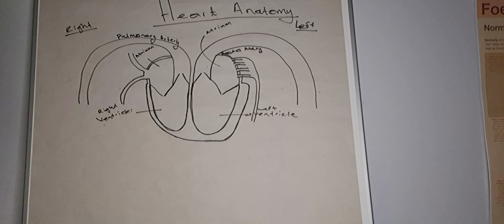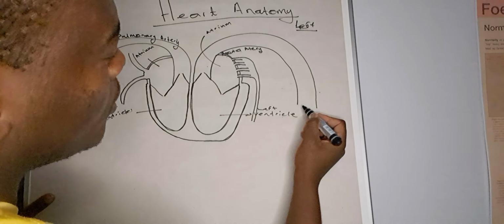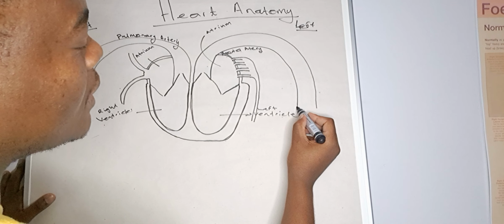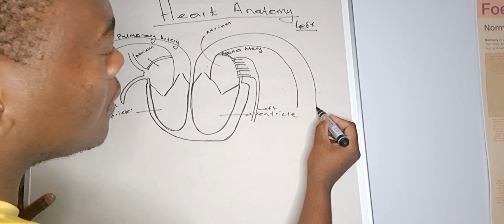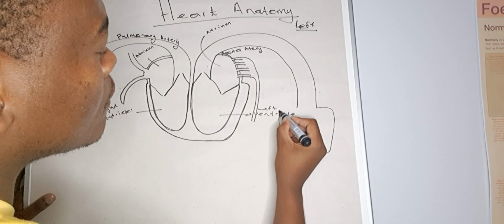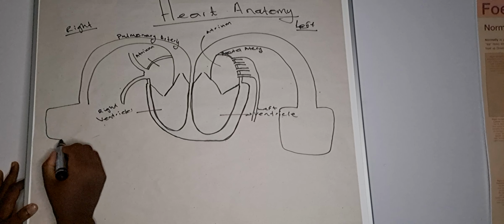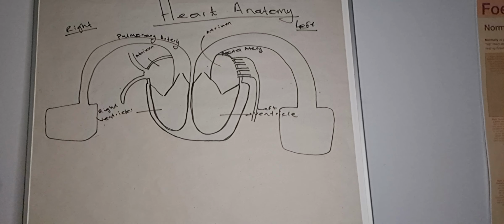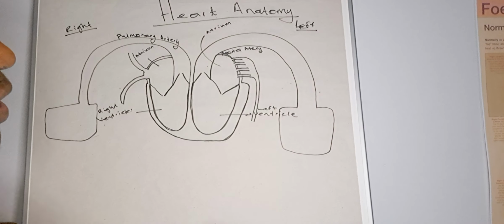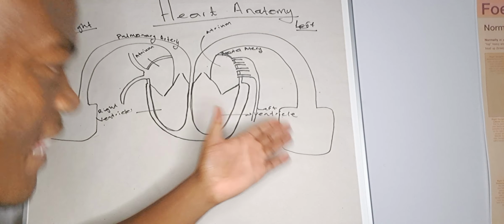Now, do you see that we have our blood? We don't have our blood yet, but we have our heart. So here, let's come with something like this. This is our systemic circulation, meaning that this is all the organs of your body without the lungs.